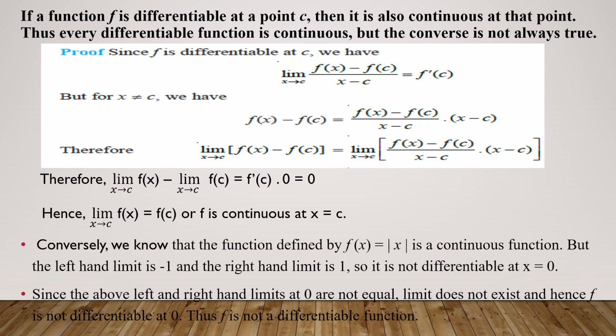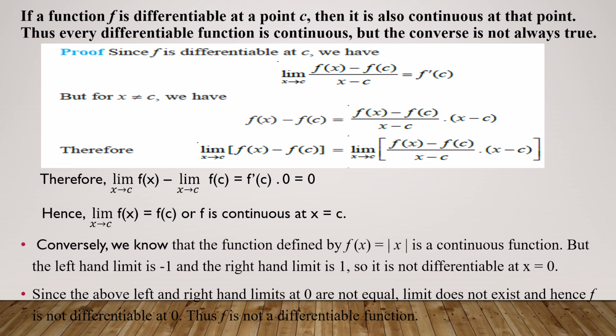For x not equal to c, we can write f(x) minus f(c) as f(x) minus f(c) upon x minus c, into x minus c. Take limit on both the sides. So limit x tends to c of f(x) minus f(c) is equal to limit x tends to c of f(x) minus f(c) upon x minus c, into x minus c. Now the left hand side will become limit x tends to c f(x) minus limit x tends to c f(c).